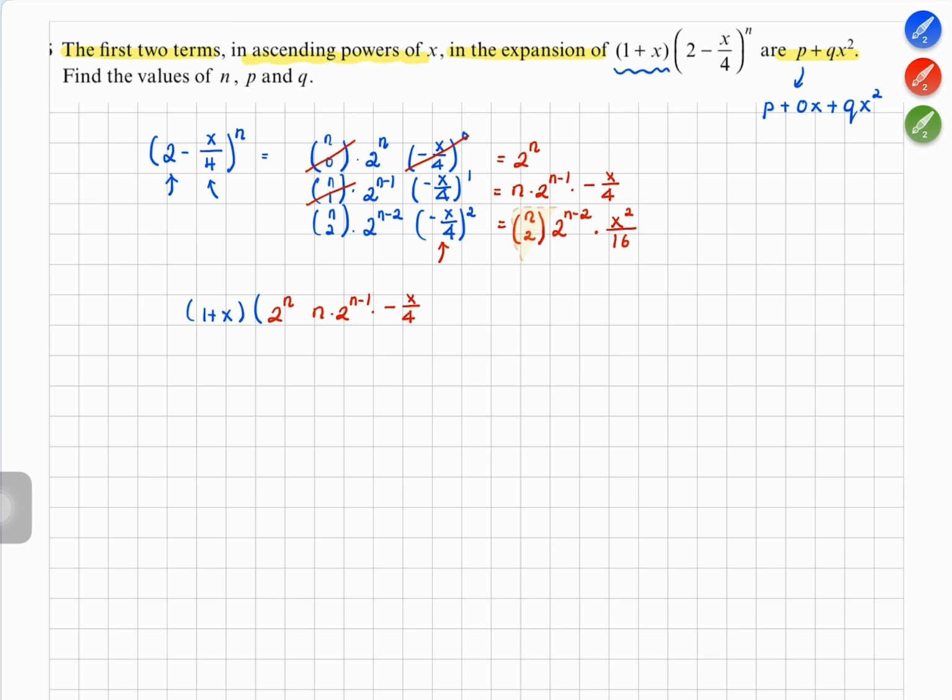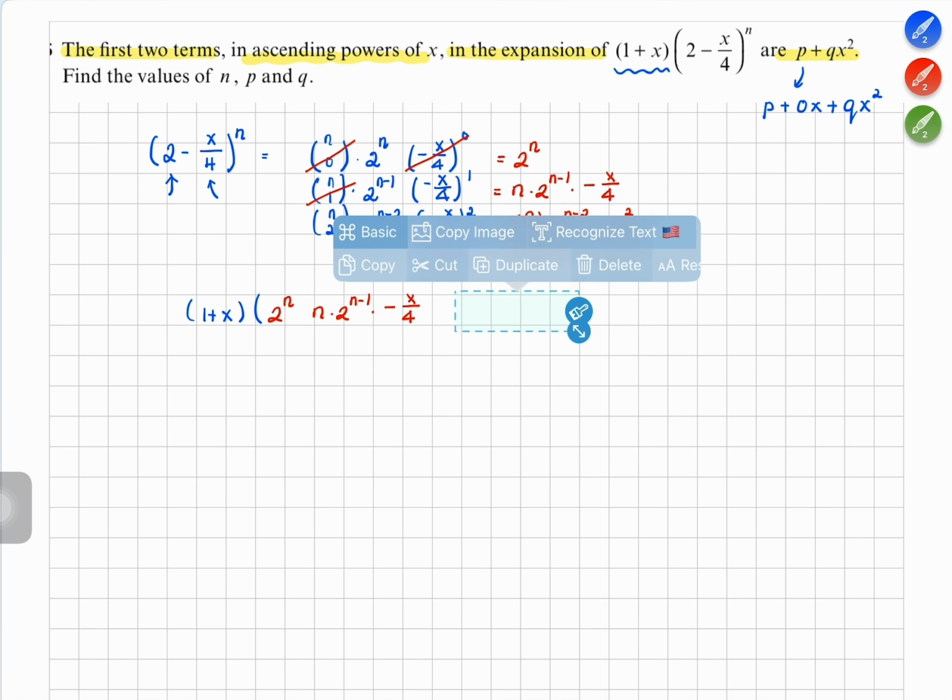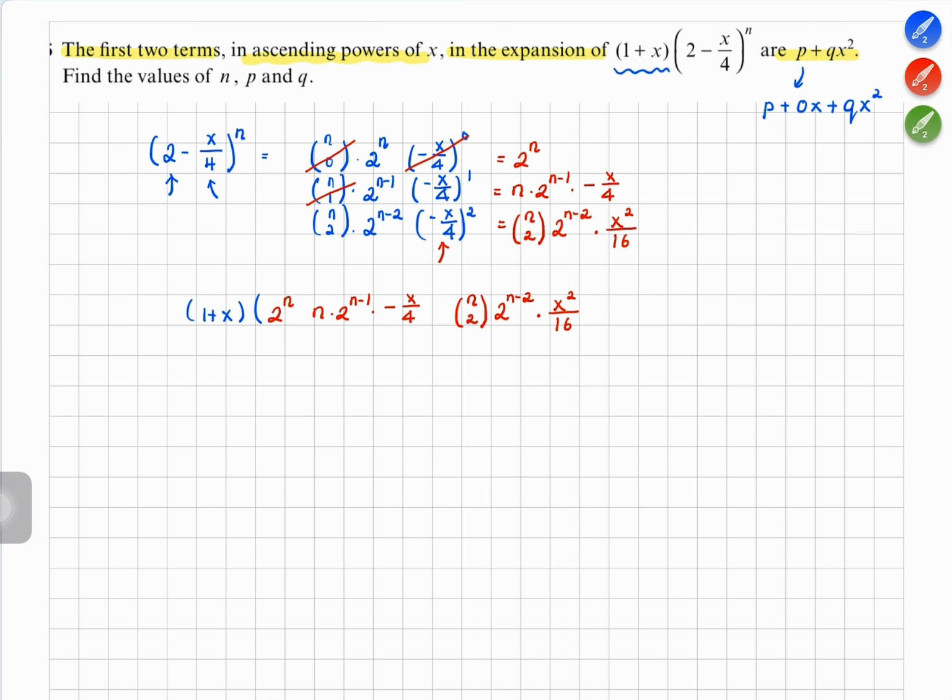And then the unsimplified version, let's park it here. Okay, done, right? Now I'm just going to add a plus in front of everything to make it look much better. There are more terms, but I am not interested. Now, what is the meaning of this p? How do you get the p? The p is just a constant. So when you multiply these two, it's exactly your p. 2 power of n is equal to p. Let's leave it like that.